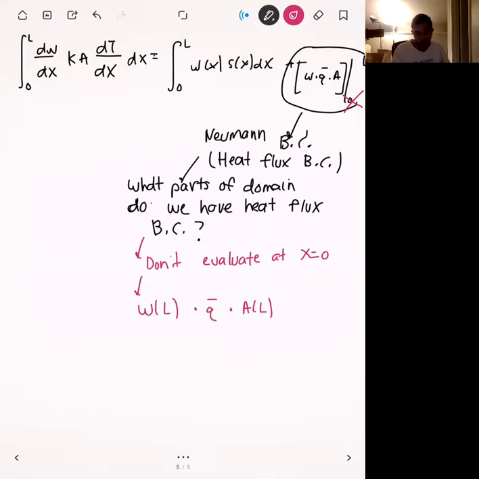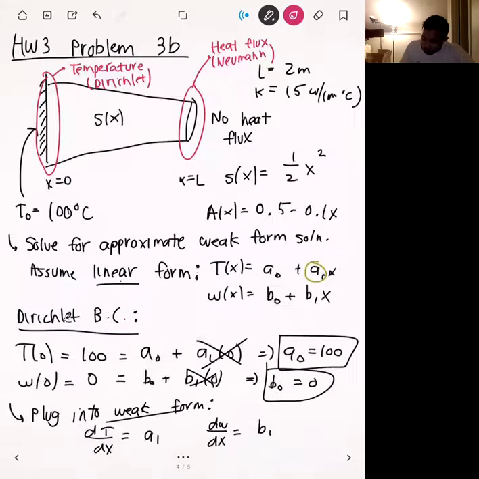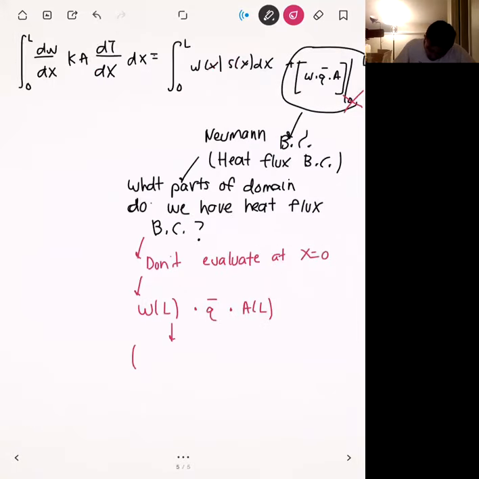What you do from here is plug in all the values for W and A. For W of x, remember our W of x is simply b1 x, but instead of x, we plug in L. So b1 times L times our heat flux value, which is just 0, because there's no heat flux.